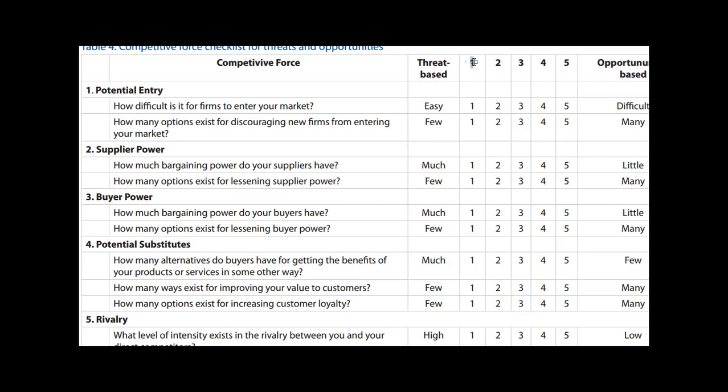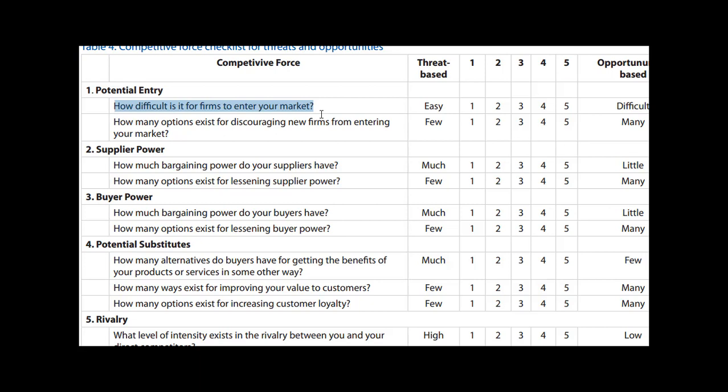So 1 is bad, 5 is good. If a company is feeling bad about a certain force, you can call it a threat. And if they are confident that it is better, it will be difficult. Let's talk about the items. Potential entry.